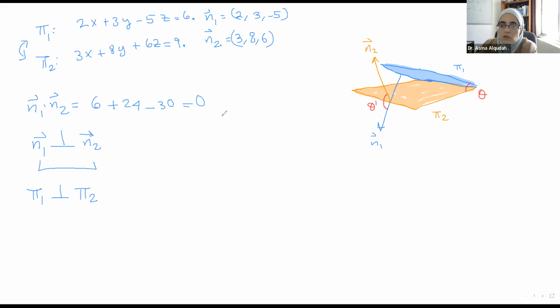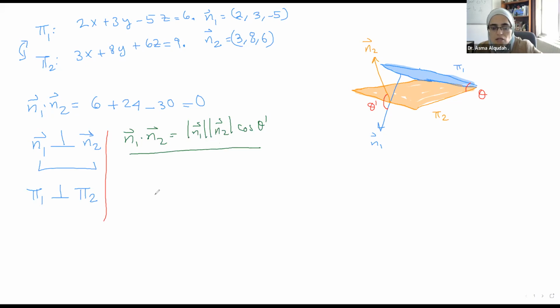To find theta prime, you perform the dot product between the two normals. N1 dotted with N2 is equal to the magnitude of N1 times the magnitude of N2 times cosine theta prime. We find theta prime using this relation.